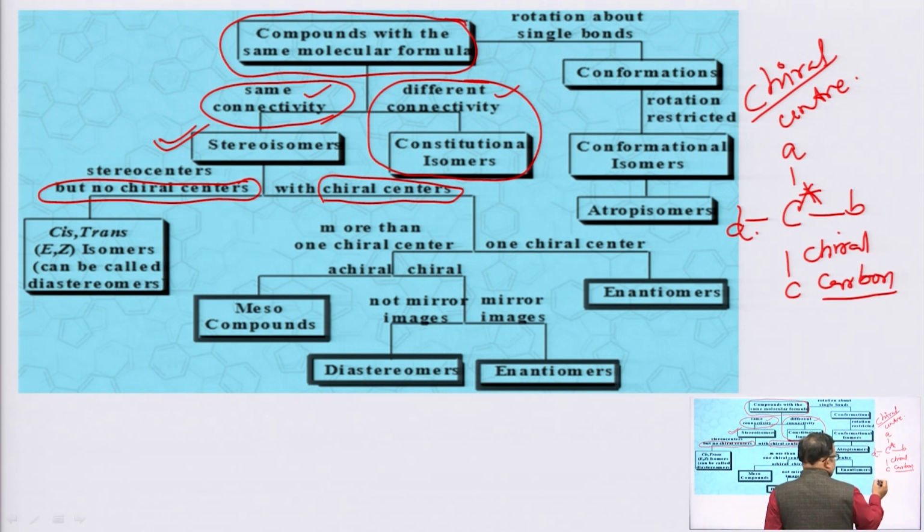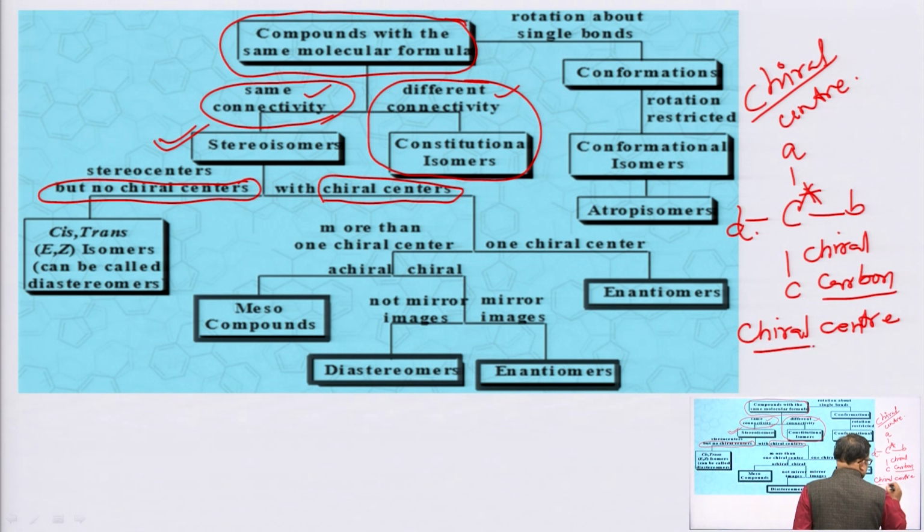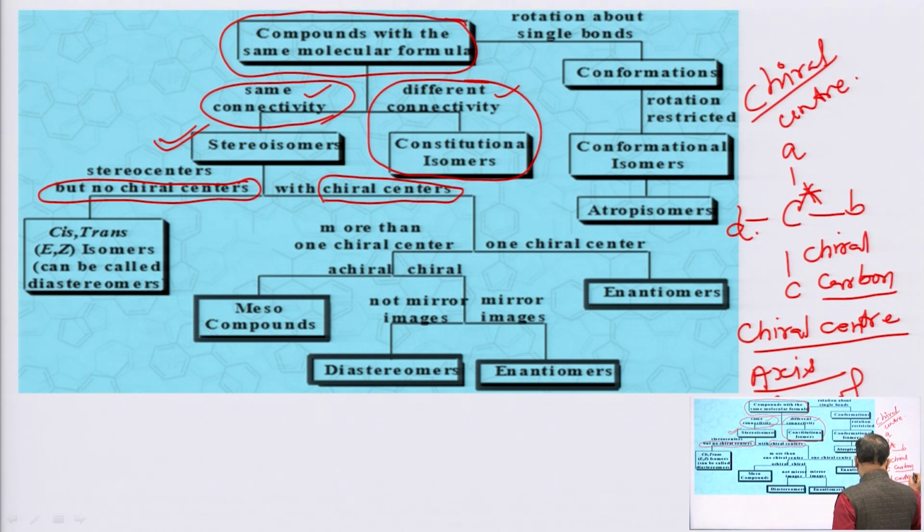And if we talk about the chiral center, to explain it one should focus on the axis and the plane of symmetry. So, symmetry should not be there. If there is symmetry, the molecule will not be considered to possess a chiral center.